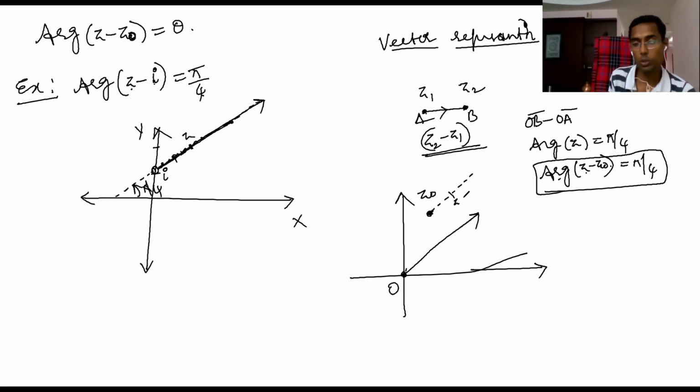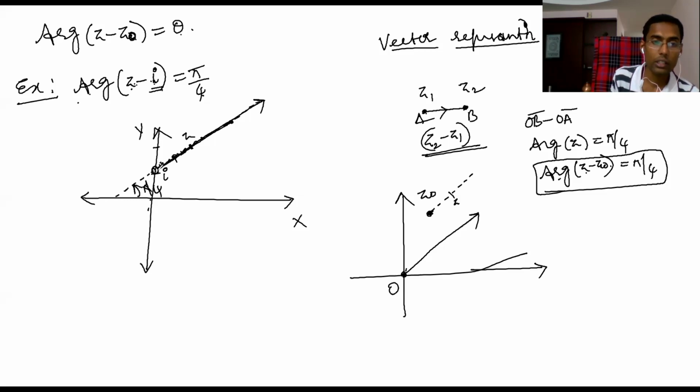Same thing here: argument of z minus z0 equal to theta. Let's understand this one. Argument of z minus i equal to pi by 4 means this is a ray with initial point i, or the origin is shifted to i. So then z becomes z minus i, like x minus h, y minus k.